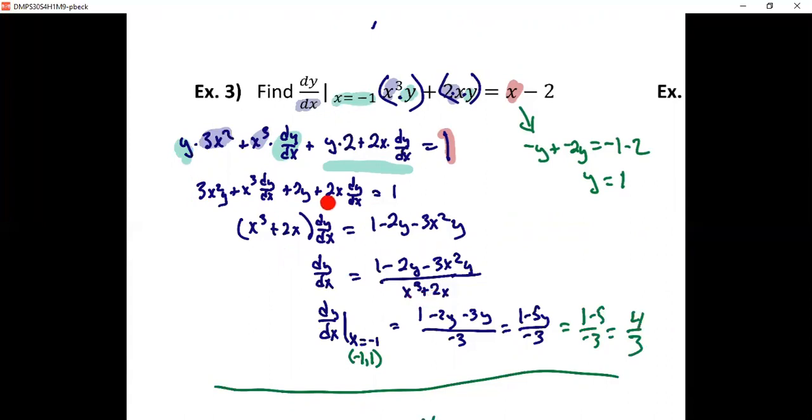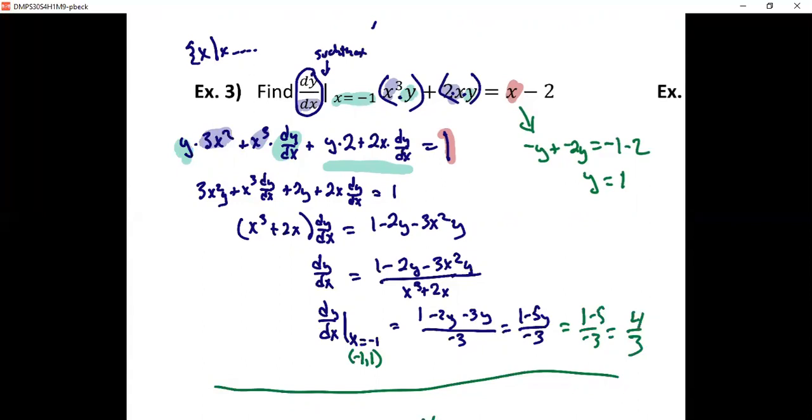Now, something we need to note is that this problem says I want to find the derivative at x equals -1. I don't know if you remember set notation, the set of all x such that x, et cetera. This is saying that we're finding dy dx such that x equals -1.